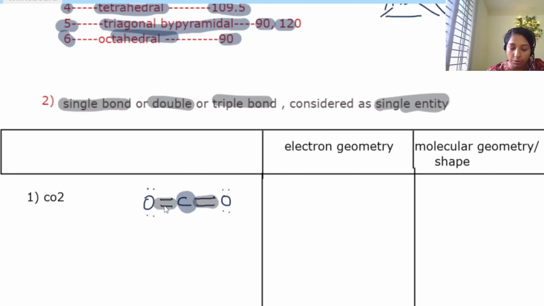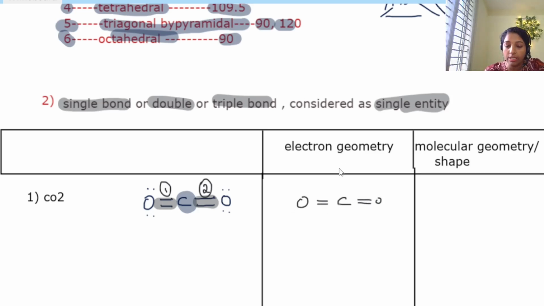So even though it's a double bond, you do not consider it as two electron clouds. There is only one electron cloud here and another electron cloud here. So two electron clouds at maximum distance means they should be aligned at a 180-degree bond angle, and the shape is linear.